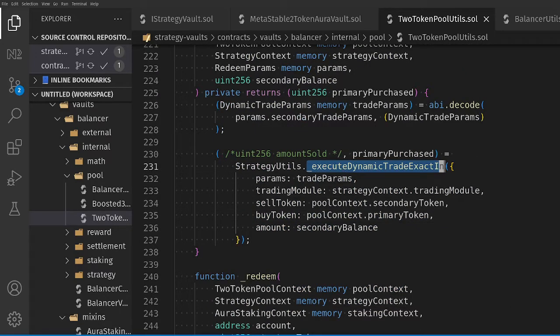Here we execute what's called a dynamic trade. So we'll go look at the oracle, and we will prevent the user from selling at a larger slippage than allowed from the oracle price.